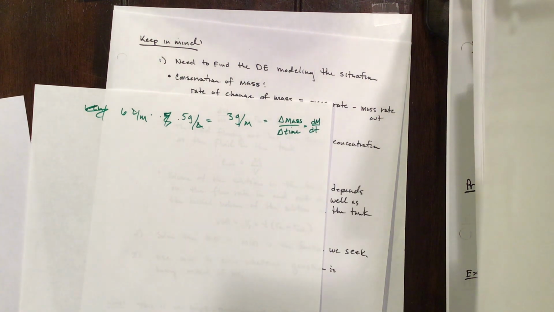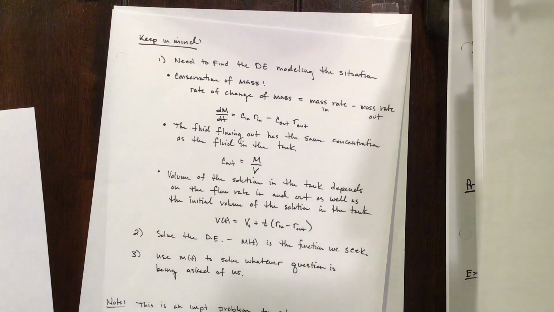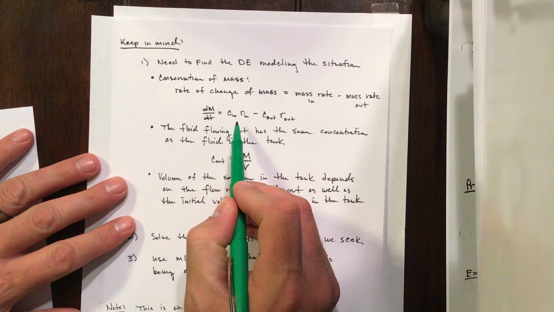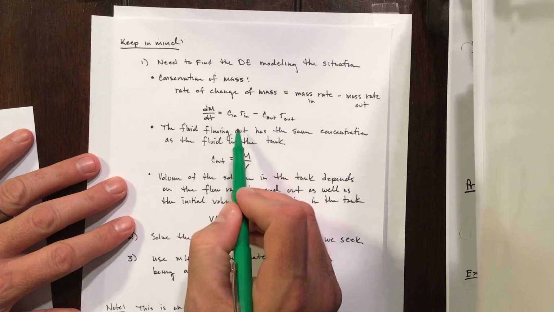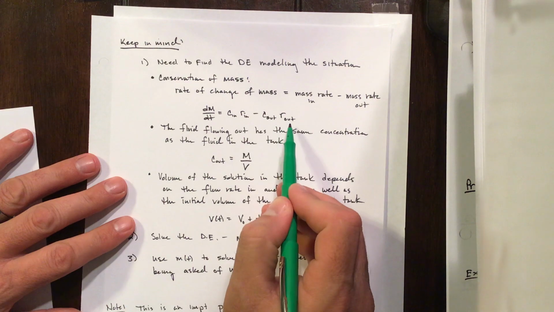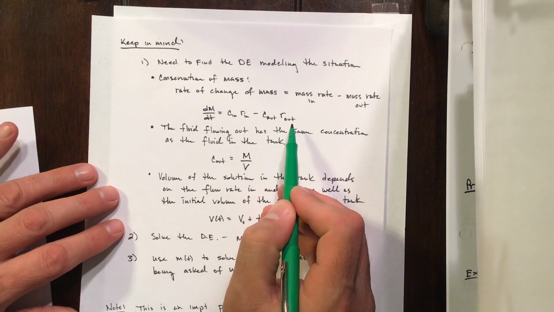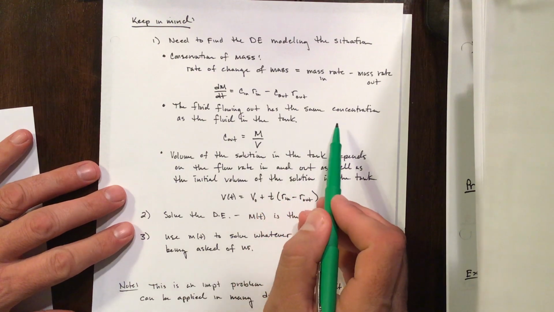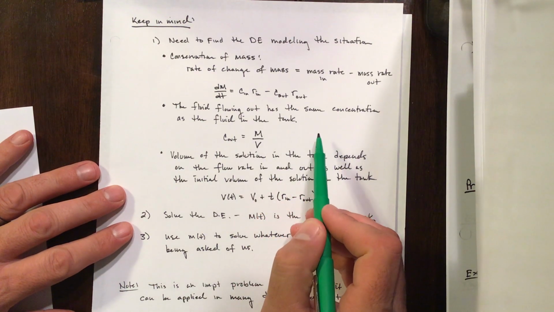So dM/dt is going to be the change in mass going in minus the change in mass going out. The fluid flowing out of the tank has the same concentration as the fluid in the tank.